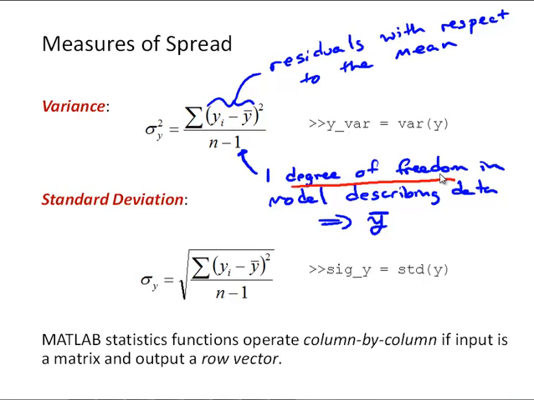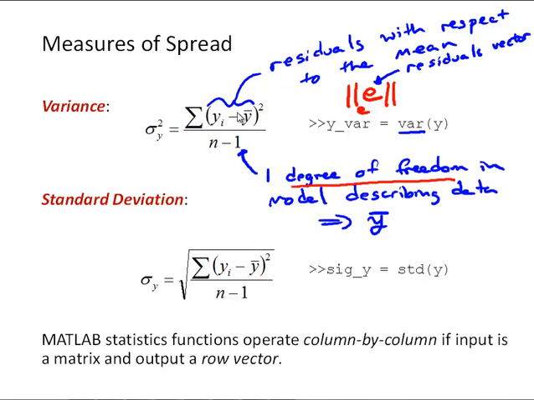There's a built-in function to calculate the variance, var, and again, so that's the sum of the squares of the residuals with respect to the mean. You might see that looking somewhat familiar. Recall the idea of the Euclidean norm, and so that would be the Euclidean norm of the residuals vector, where if we refer to E as the residual vector, and this is actually the square of the norm.